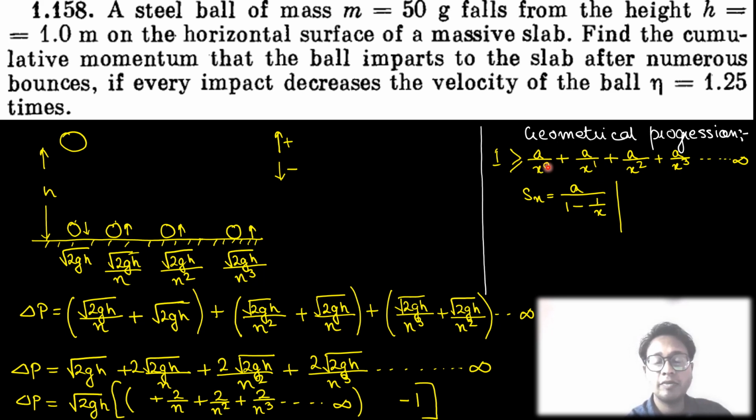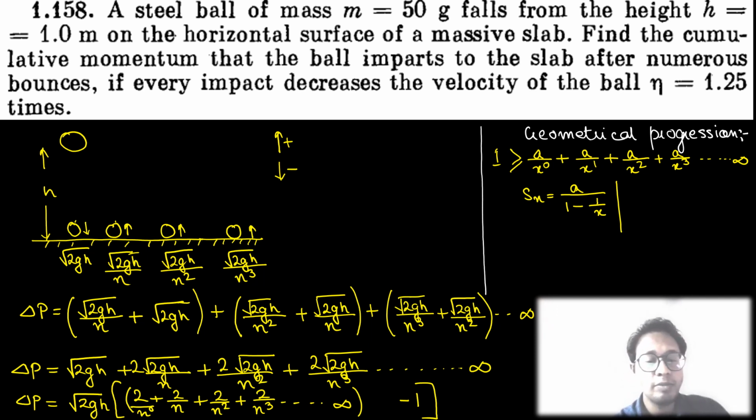Instead of x I'll use n. So a is nothing but 2, which I can write as 2/n⁰ plus 2/n plus 2/n², and so on.